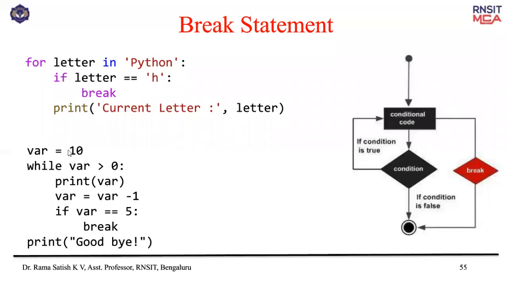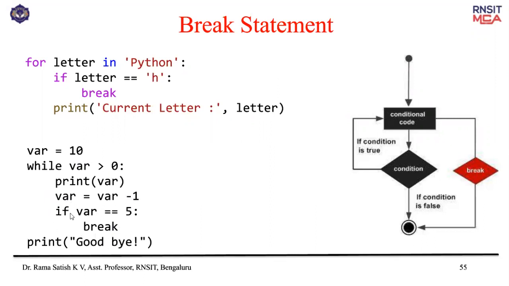Another example we will be using with respect to a while loop. We initialize var with value 10. If the value is greater than 0, then print the variable. So 10 is printed. Var is equal to var minus 1. It becomes 9, and 9 is printed. Next loop, 8 is printed. 7 is printed. 6 is printed.